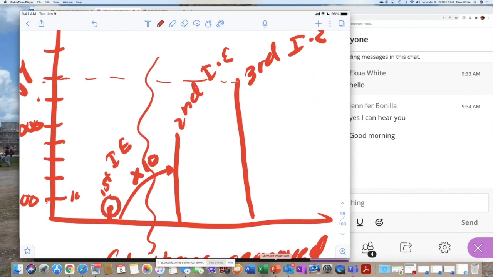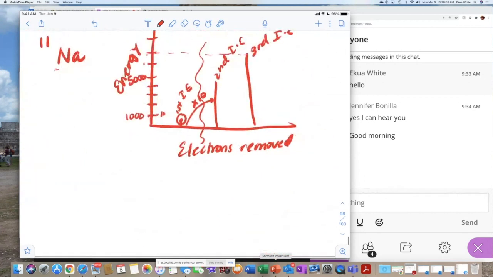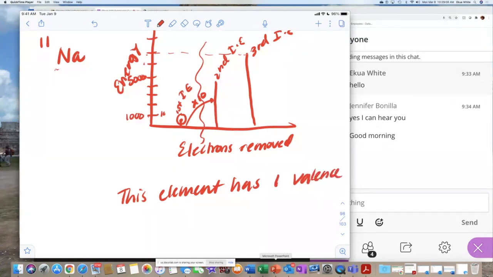I only have one. So I conclude this element has one valence electron.